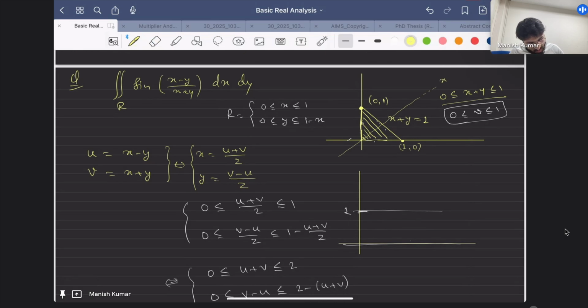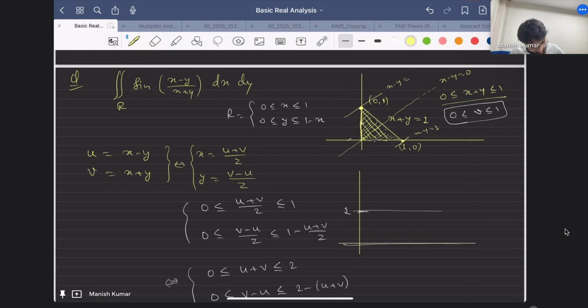Now, can I think of this as x minus y varying from, this is x minus y equals 1, am I right? x would be 1, right? And this would be x minus y equals minus 1, am I right?